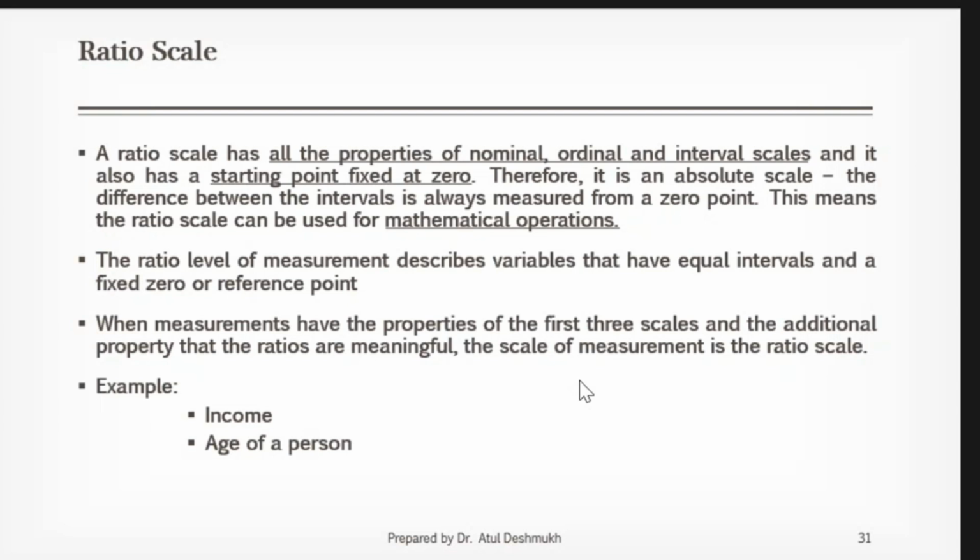All quantitative studies, or many quantitative studies, use ratio scale. Like my study is a quantitative study, the impact of electric vehicles on maybe PM 2.5 particle level. How am I measuring PM 2.5 particles in terms of quantity? 120 cubic millimeter, or 150 cubic millimeter. So all that is a quantity, right?